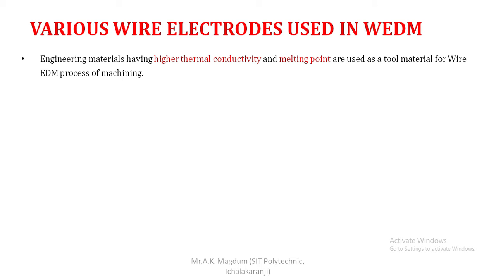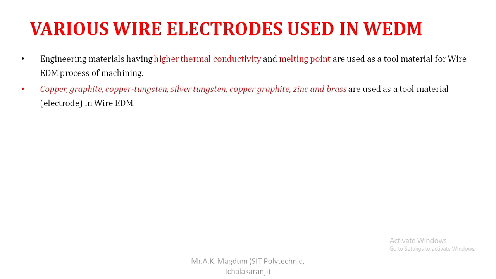Next, copper, graphite, copper tungsten, silver tungsten, copper graphite, zinc and brass are generally used as tool material, or what we might call an electrode, in the wire EDM process. So these are a few names of the wire electrodes generally used.